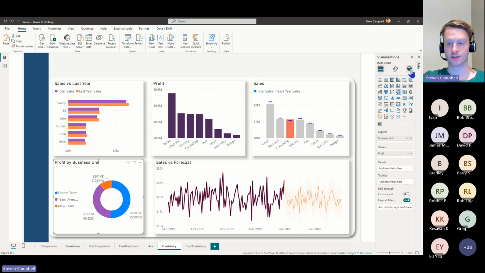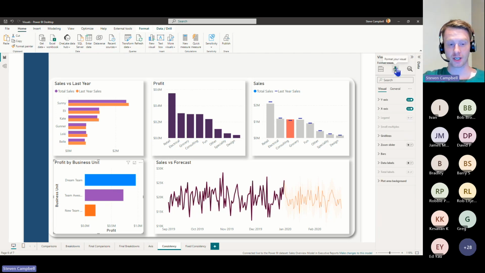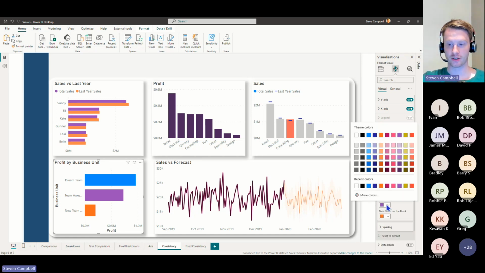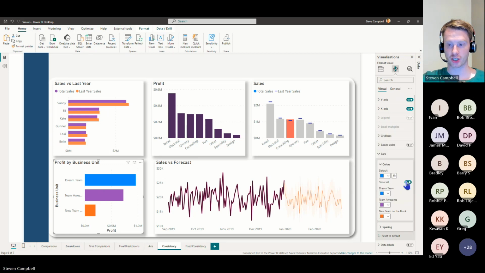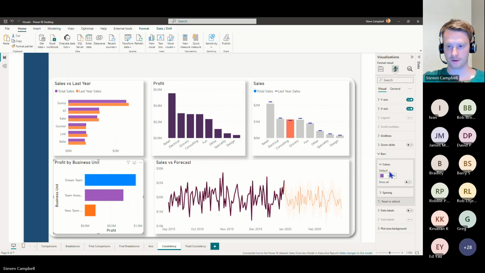What if I changed this to make it a bar graph like this? Now I can go in and I can say, well, actually, these colors now don't actually mean anything. So I can just change this all to the same color.